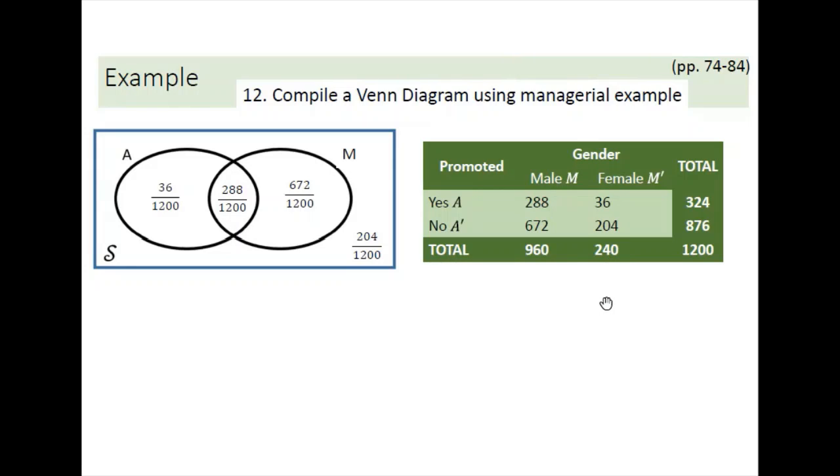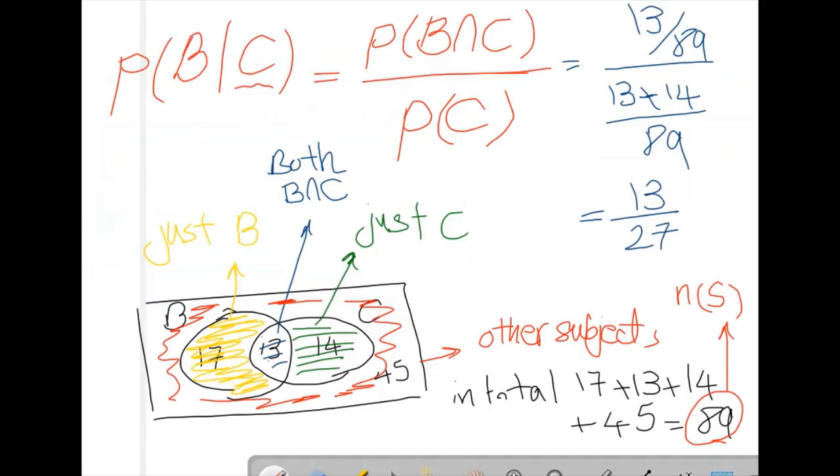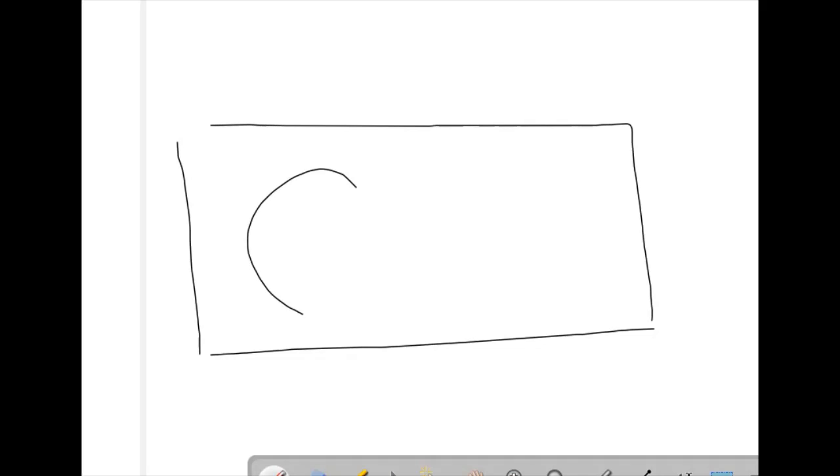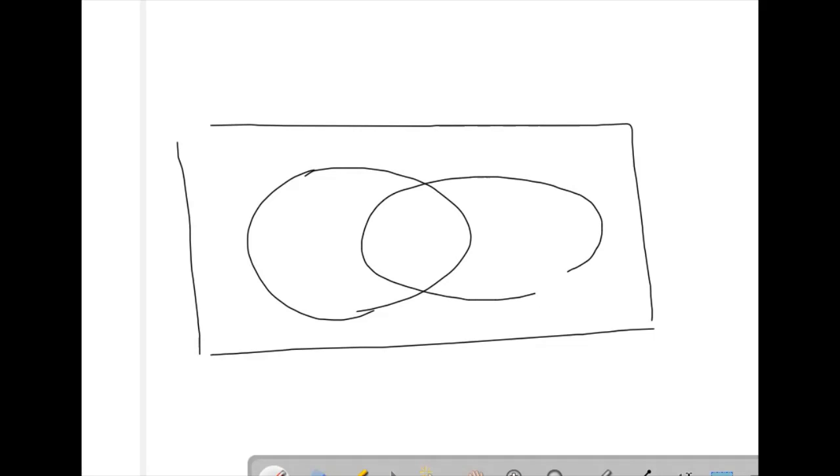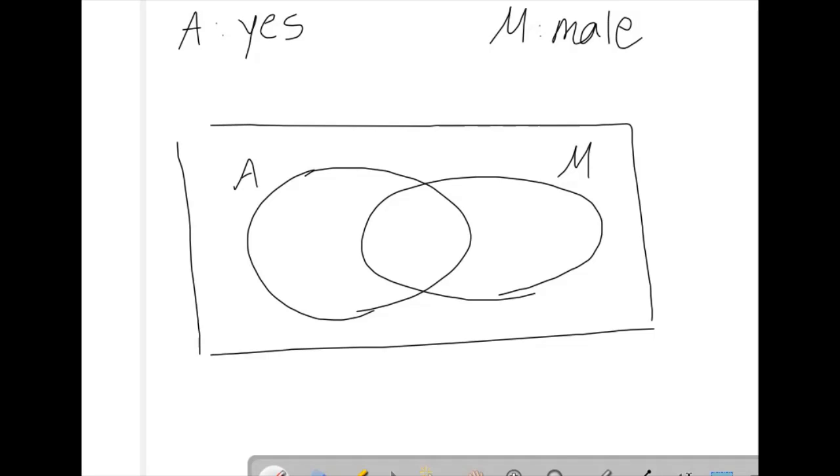We had two events, A for promotion and M for male.